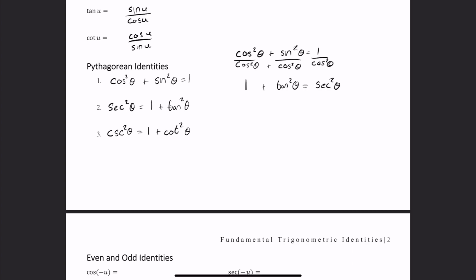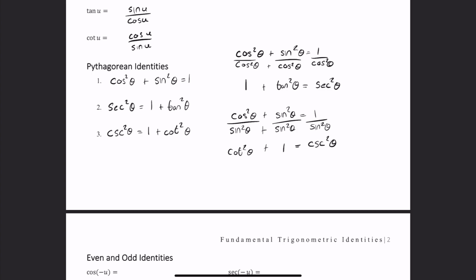Similarly, we can derive the third one if we divide everything by sine squared theta. So, dividing by sine squared theta, we see cosine over sine, this is cotangent squared, plus 1, since sine over sine is 1, and then the reciprocal of sine squared theta, which is cosecant squared theta.